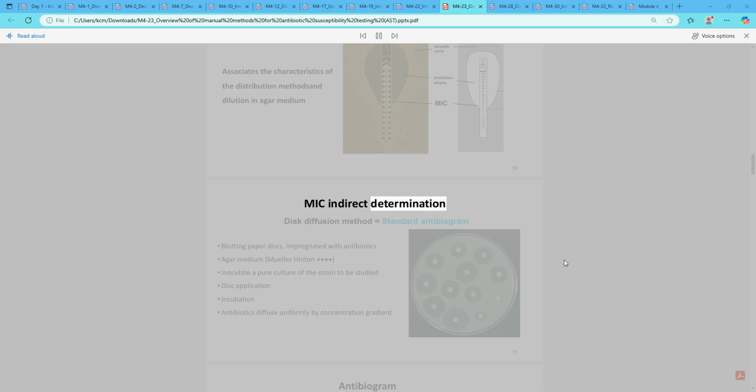MIC indirect determination: the disk diffusion method, equals the standard antibiogram. Blotting paper discs impregnated with antibiotics on Mueller-Hinton agar medium. Inoculate a pure culture of the strain to be studied, apply the disks, incubate. Antibiotics diffuse uniformly by concentration gradient.